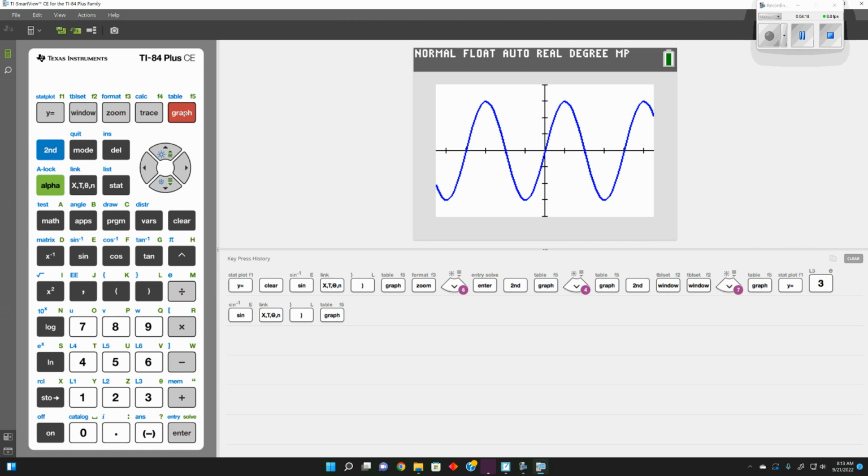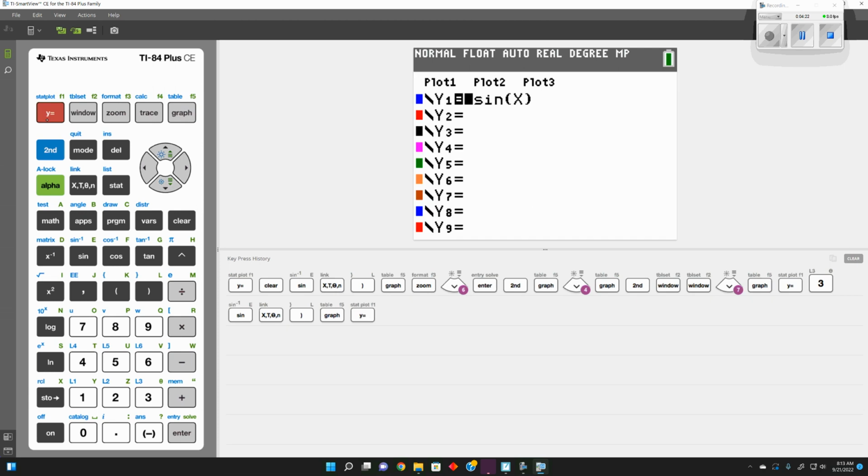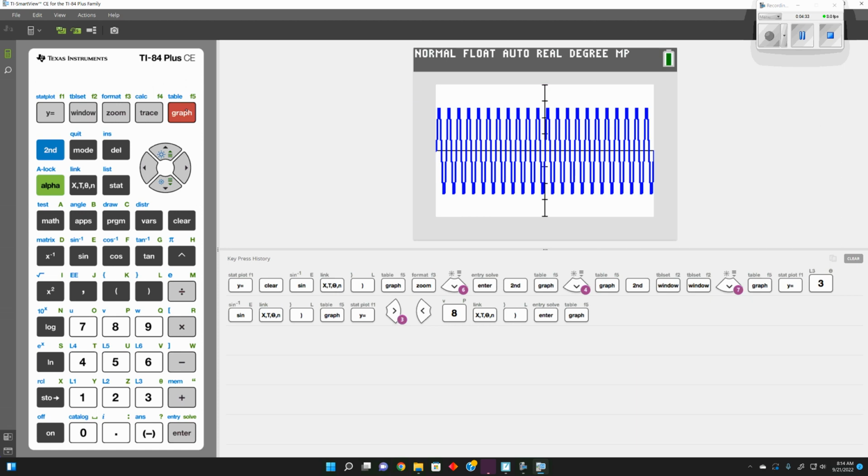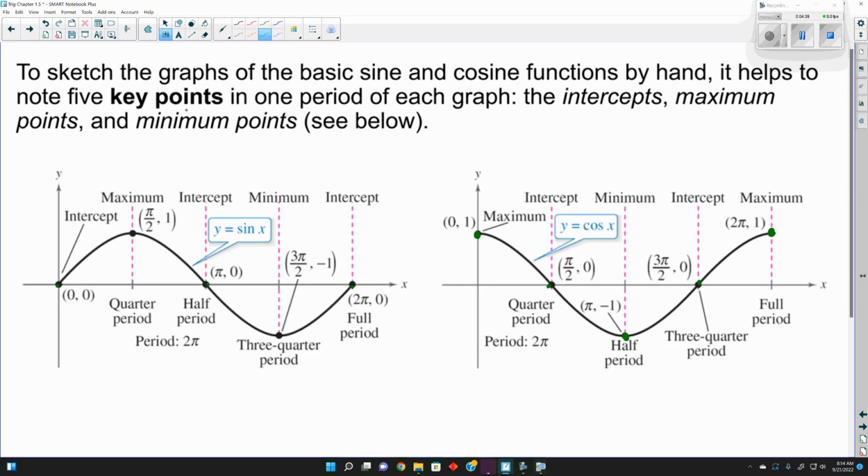So it increased it by 3. The amplitude, we could change the period of it, because we could say 8x. And look at the graph of this. So now it's increasing faster, or we can increase it slower. So we can do different things with the overall function.